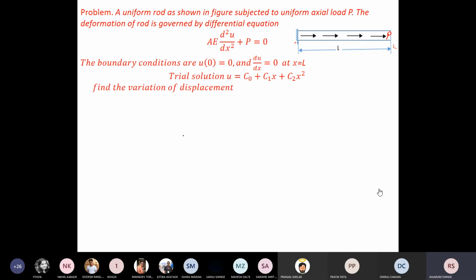Uddesh Rangari, have you finished the writing of the problem? Yes, sir. Now, shall I start the solution? Have you completed the writing of the problem statement? Abhishek Sutar, have you finished the statement of the problem?